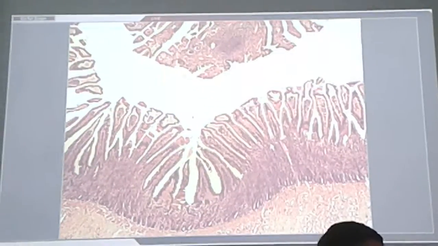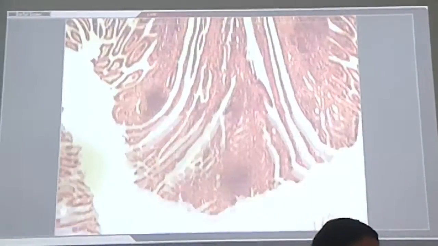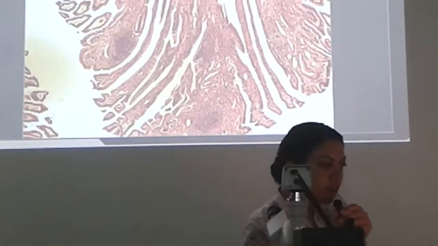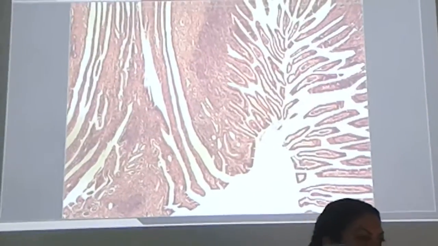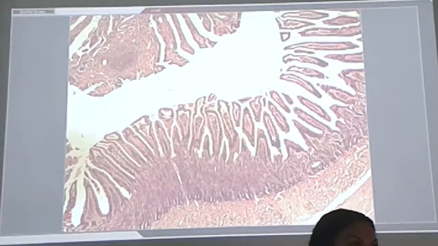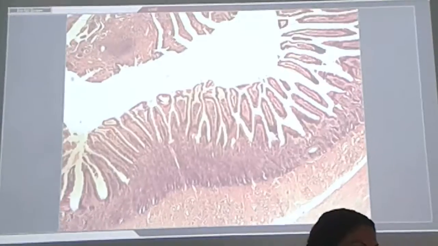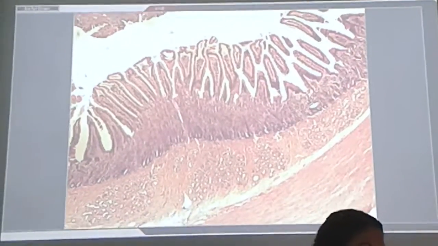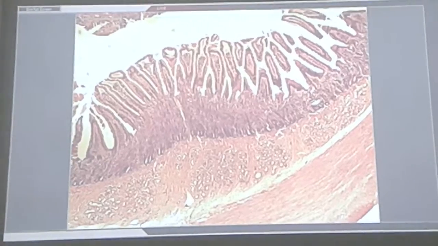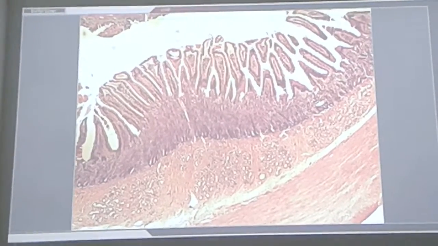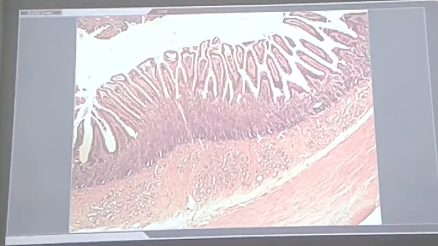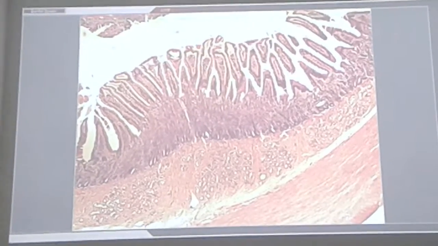Another thing in the intestine is plica circularis. Do you remember plica circularis? Okay, I'll show you. As I told you, this white area is the lumen of the organ. This is the mucosa.